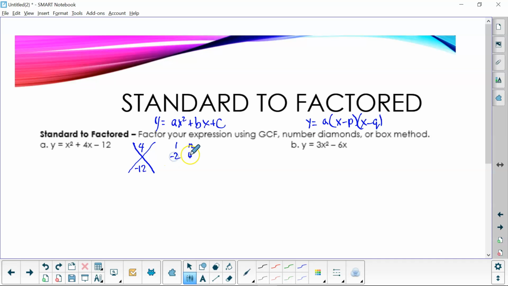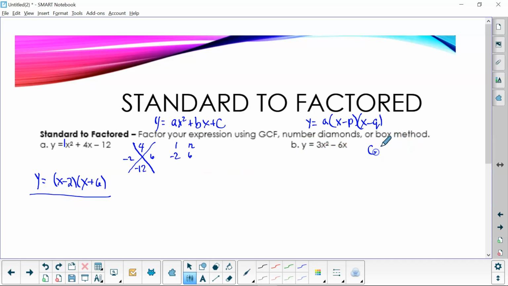A negative 2 and a positive 6 would give me a positive 4. And negative 2 times 6 is going to give me negative 12. So my factors are negative 2 and 6. Because my a is 1, remember, I can simply write this as y equals x minus 2 times x plus 6. And I'm done. That's it.